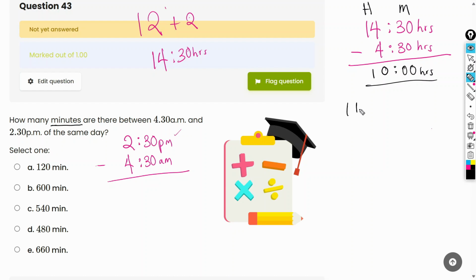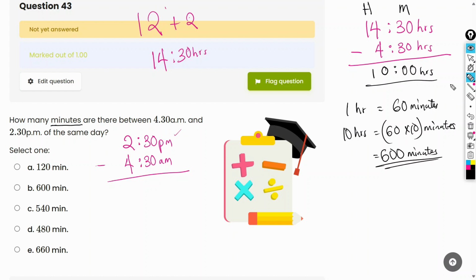Remember that 1 hour is equal to 60 minutes. So 10 hours should be equal to 60 times 10 minutes. 60 times 10, we just put the 0. So that's 600 minutes.